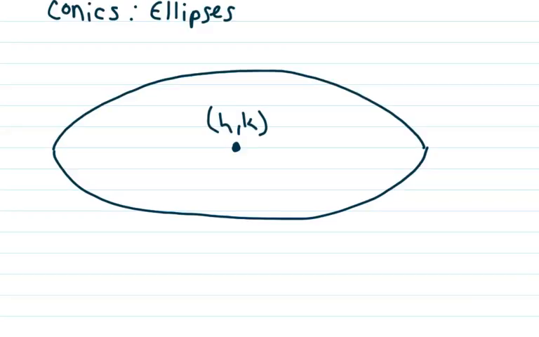So we actually have two sets of vertices that we have to look at that help shape our ellipse. So the first one, I'll put in green. These are our vertices. It's our vertex.